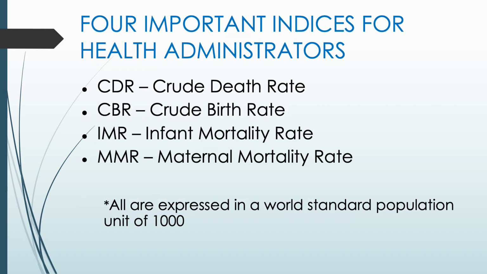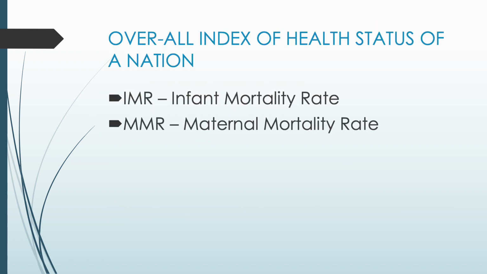There are 4 important indices for health administrators. This is the crude death rate, crude birth rate, infant mortality rate, and the maternal mortality rate. All are expressed in a world standard population unit of 1,000. The overall index of health status of a nation is measured by number 1, the infant mortality rate.